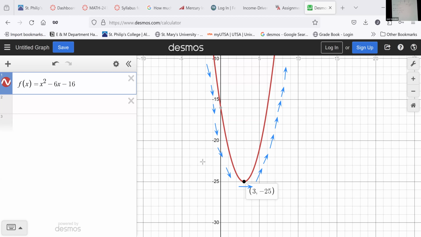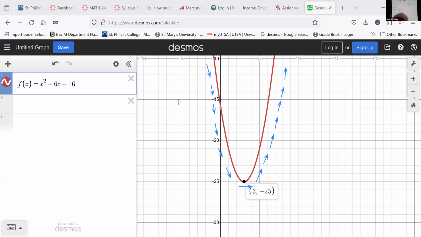Well, it kind of helps, but right, we're decreasing from negative infinity all the way until 3.